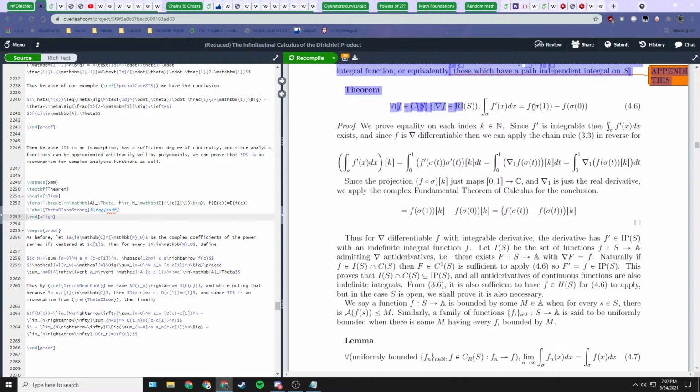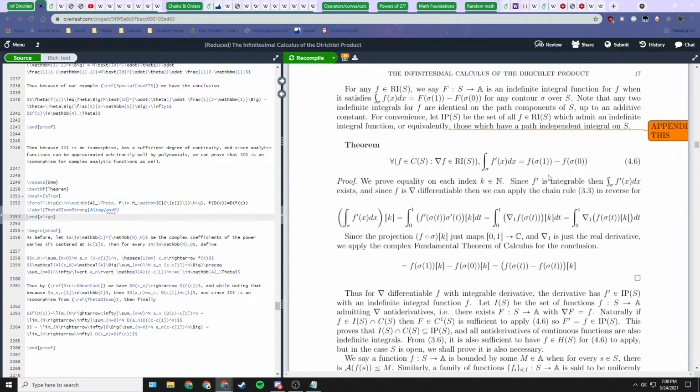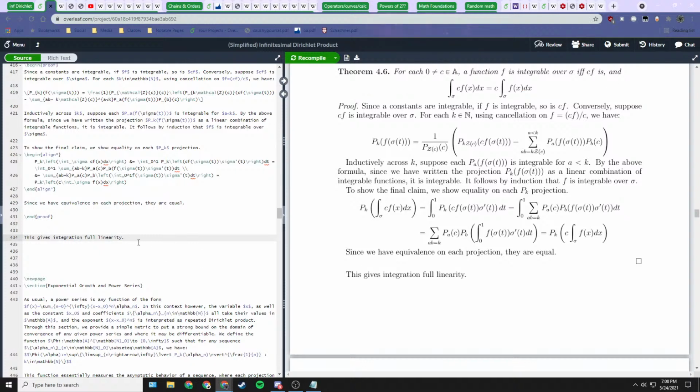So we can start talking about antiderivatives. Any antiderivative for a function is an indefinite integral. So that's what we're going to get into next. Consider a function f mapping S to A, where S is some domain.